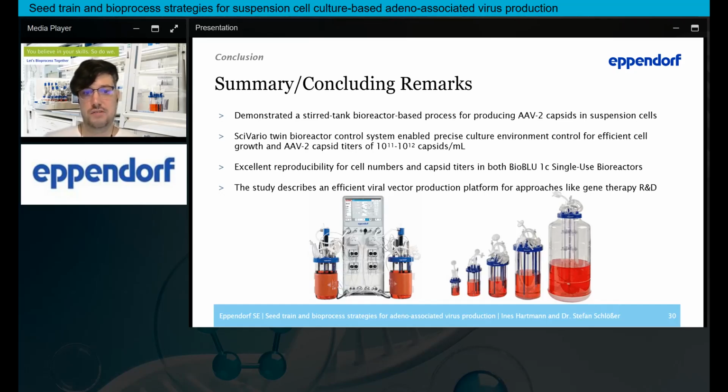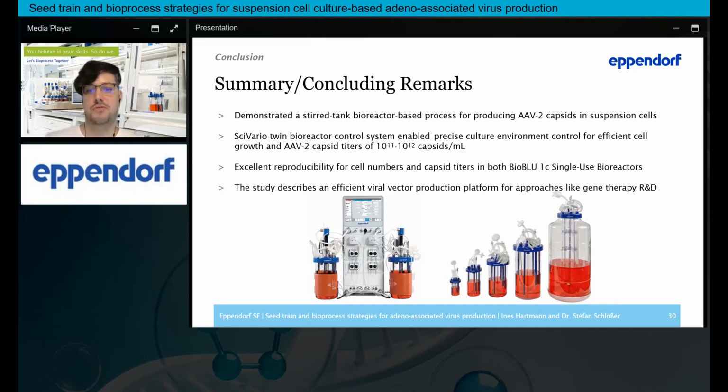One thing to mention is that the study here describes an efficient viral vector production platform approach that can be used for gene therapy research and development, because the equipment that was used here, the Saverio-Twin and the BioBlues, are mainly usable for research and development purposes.